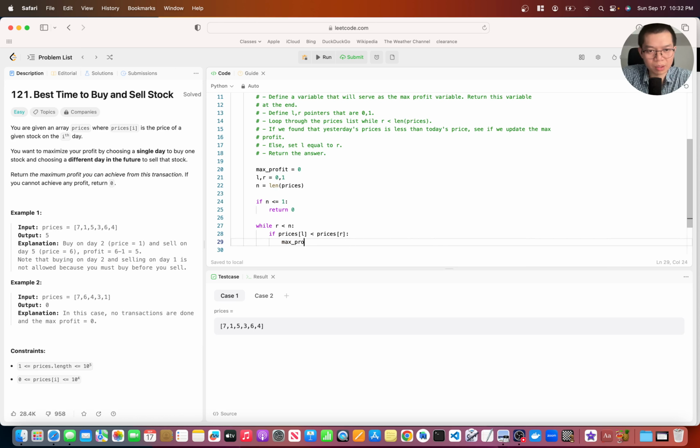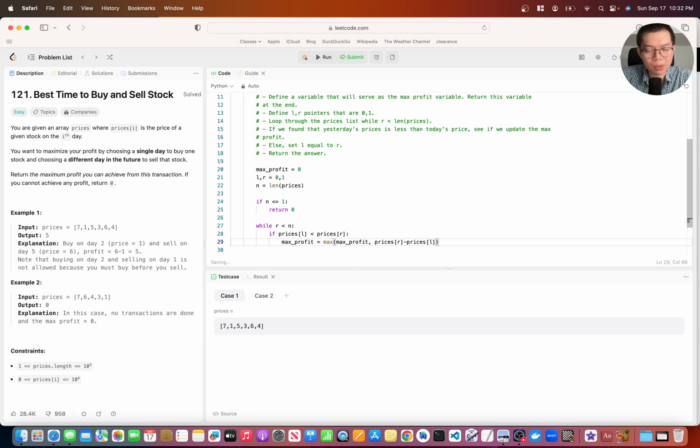Max profit equals max of max profit, comma, prices[R] minus prices[L], right?